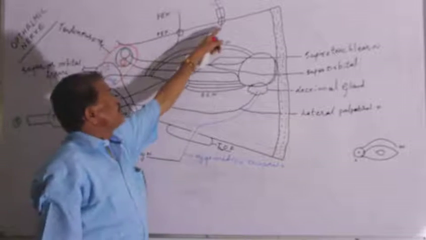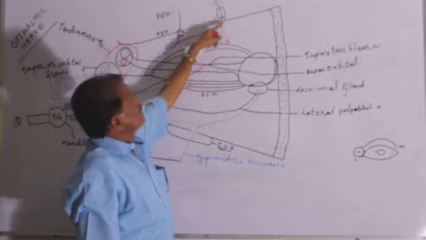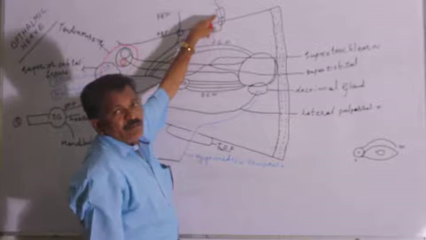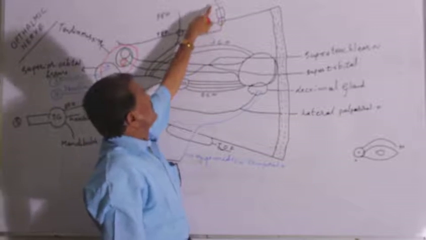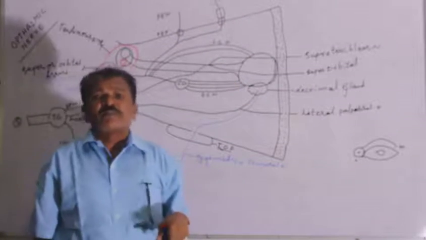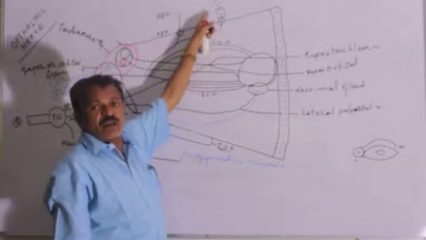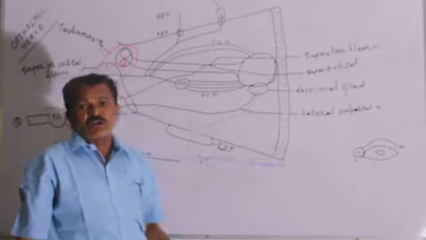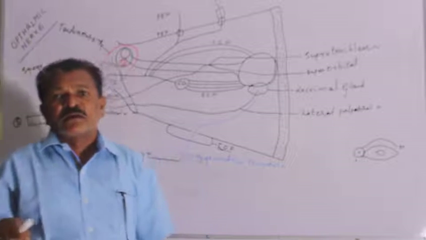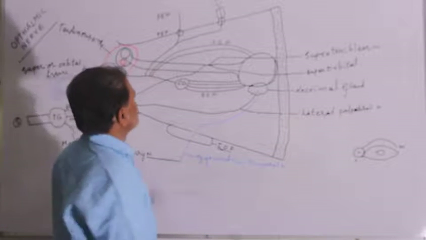First it enters the anterior ethmoidal foramen, then the ethmoidal canal, then onto the superior surface of the cribriform plate of the ethmoidal bone, and it comes out, enters into the nose, and supplies the mucosa of the nose.